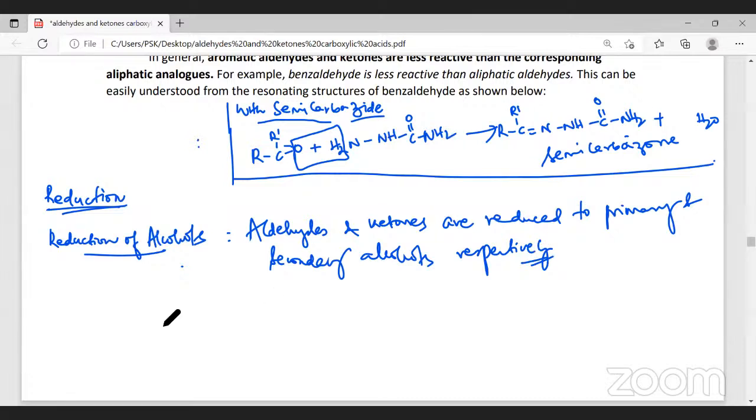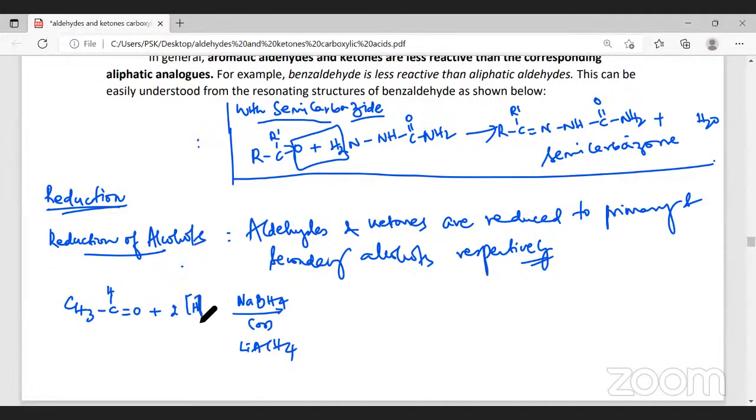That's called reduction. Now for an example, if you take acetaldehyde, it is represented like this. When you allow it to react with a strong reducing agent like sodium borohydride or lithium aluminum hydride, these are all very strong reducing agents. They will give nascent hydrogen.